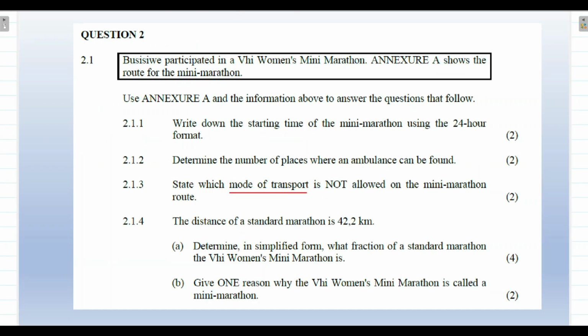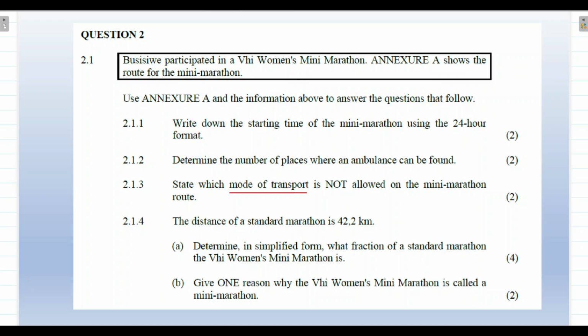The distance of a standard marathon is 42.2 kilometers, right? Determine in simplified form what fraction of a standard marathon the V women's mini marathon is.